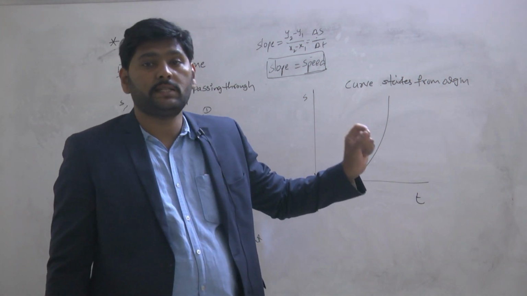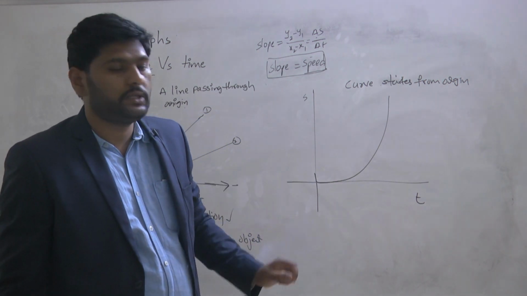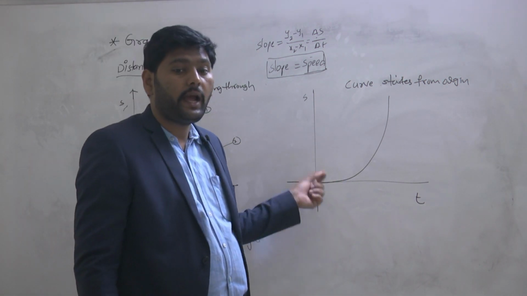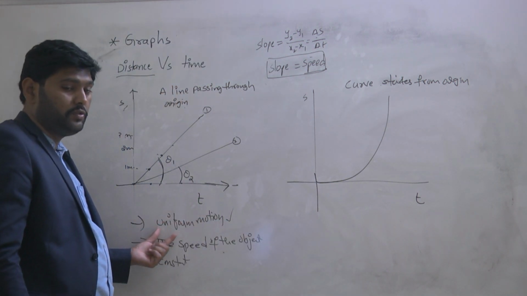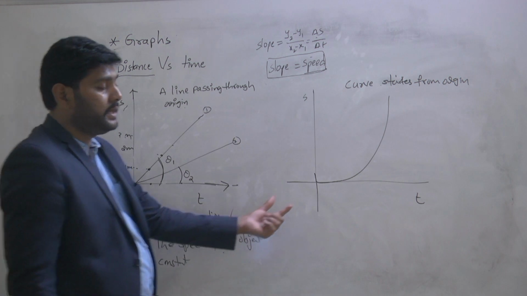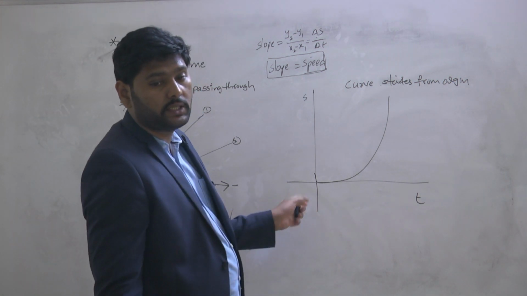Where speed increases, that is called accelerated motion. Since this represents accelerated motion, the other represents uniform motion. In uniform motion, speed is constant. But in accelerated motion, speed is not constant, it keeps on changing.